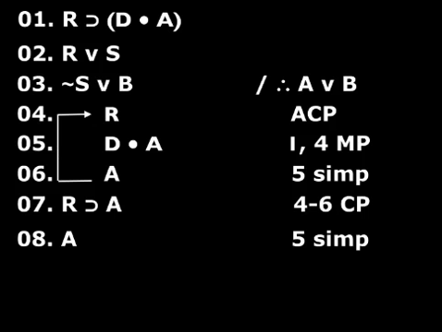Let's go back to the example I just did. I assumed R, I got A, got the conditional if R then A. Now I'm thinking, okay, how can I proceed with my proof? Oh gosh, I'm trying to derive if A or B. I've got A here, or I've got if D, then D and A here.